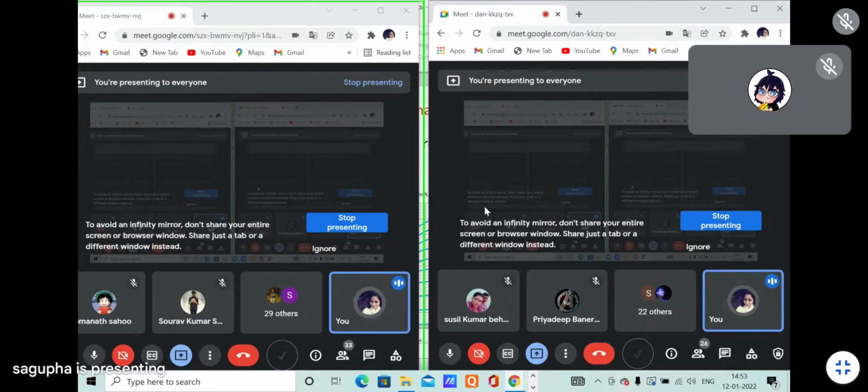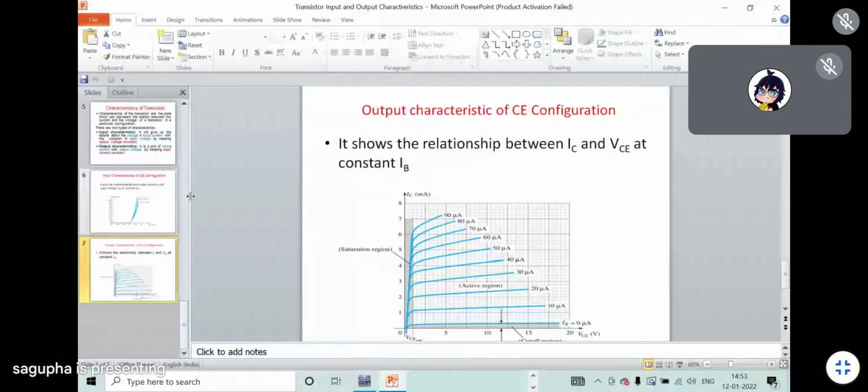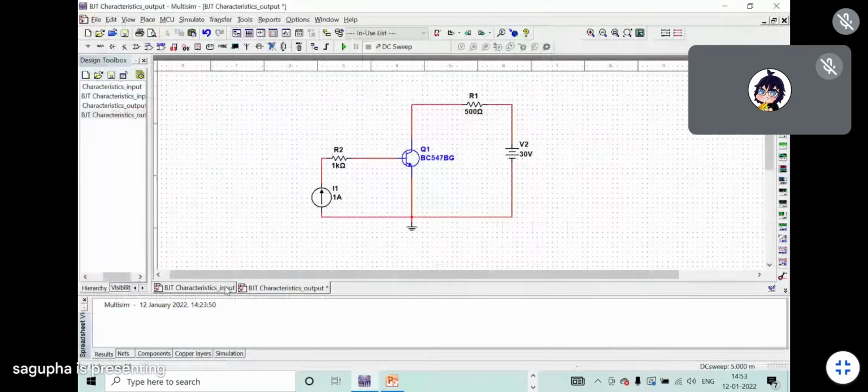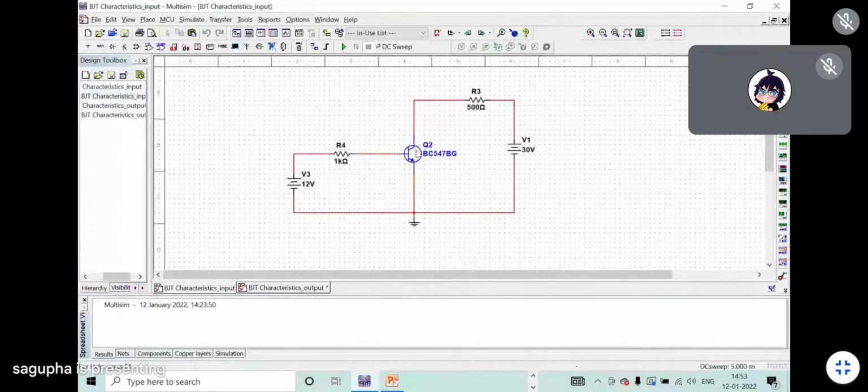So what you have to do is design the circuit for common emitter configuration and check these two characteristics. For the input characteristics, this is a BJT NPN transistor. I have given a base resistance of 1 kilo ohm and a collector resistance of 500 ohm.